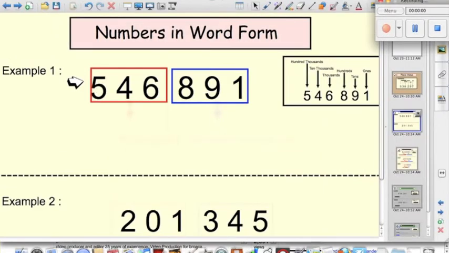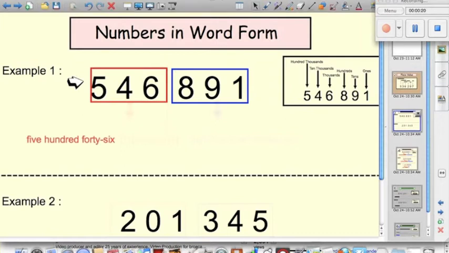We start by considering the thousands part of our number, and again, those are the digits outlined in the red box. Now we're just going to treat that as a single unit for a moment and not worry about the rest of the number. So if I just focus on the digits in the red box, I can probably with little difficulty say that that is 546. So I'm just going to go ahead and record that in words.